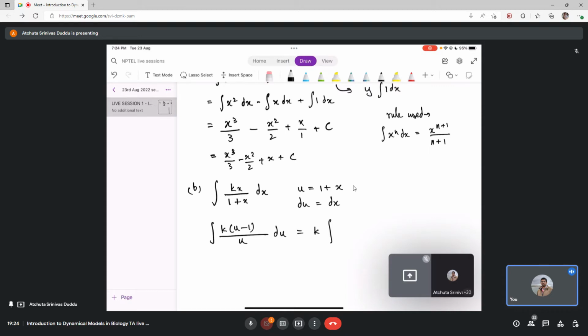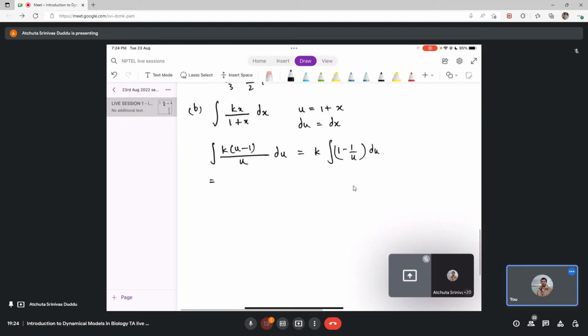So it would be k integral of 1 minus 1 by u du, which would then be k times the integral of du minus the integral of 1 by u du, which is k into u minus ln of mod u, plus some constant. Both integrals would have a constant, but you can always write two constants together as a single constant.